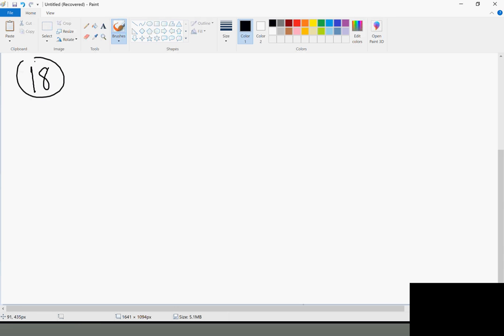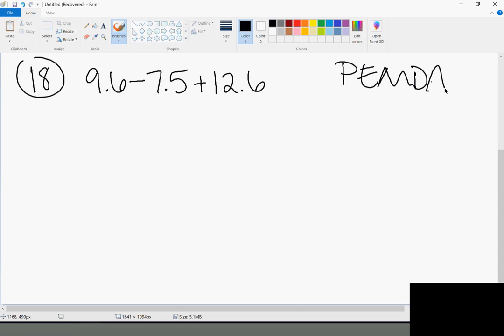All right, 18. 9.6 minus 7.5 plus 12.6. So let's revisit order of operations. All we have is subtraction and addition. But remember, these are equal importance, depending on what comes first from left to right.